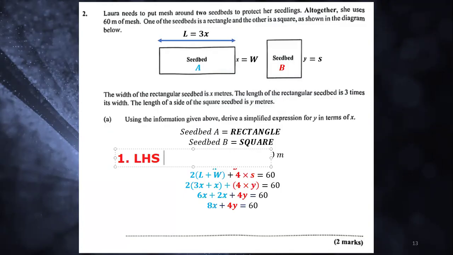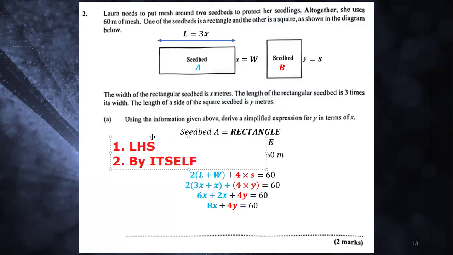LHS stands for left-hand side, and it should be by itself. Very important, right? That letter, that variable must be on the left-hand side. But even more important than that, it must be by itself. It should not be attached to a number or a letter. And in this case, the y is on the left-hand side, but it's not by itself.